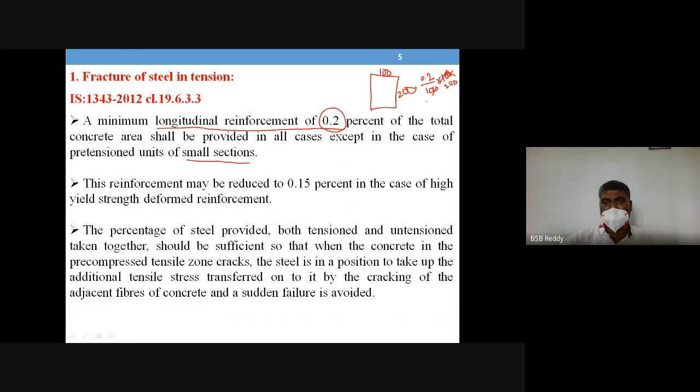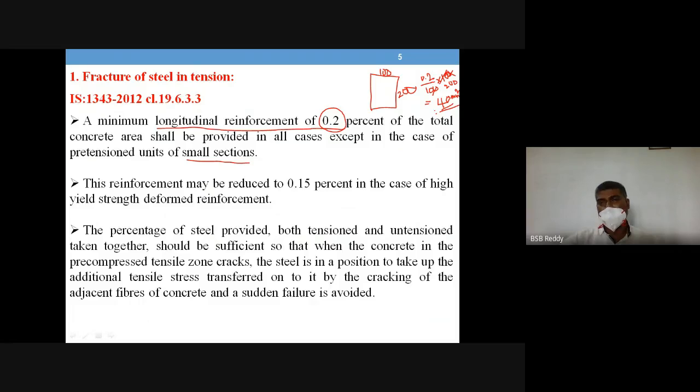So the 100 cancels, and finally it will be 0.2 times 200, which is 40 mm square. That is the minimum steel to be provided.